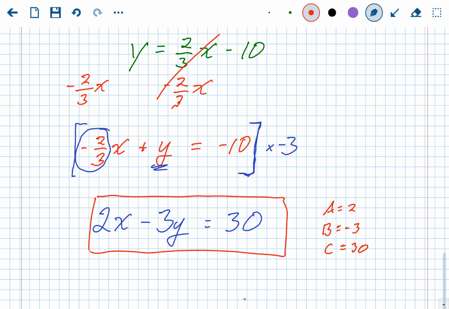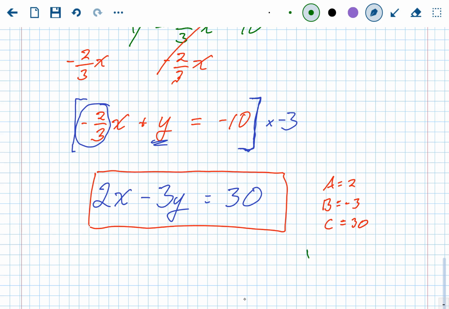Well, standard form tells us the x and y intercepts easily. We already knew what the y-intercept was from slope-intercept form, but now we can throw in what the x-intercept is. The x-intercept, if we plug in 0 for y, or you could do the cover-up method and just cover up the y term, you're left with the equation 2x equals 30. So if 2x equals 30, that means x would be 15. Your x-intercept would be 15, 0. So each form tells us another bit of information.